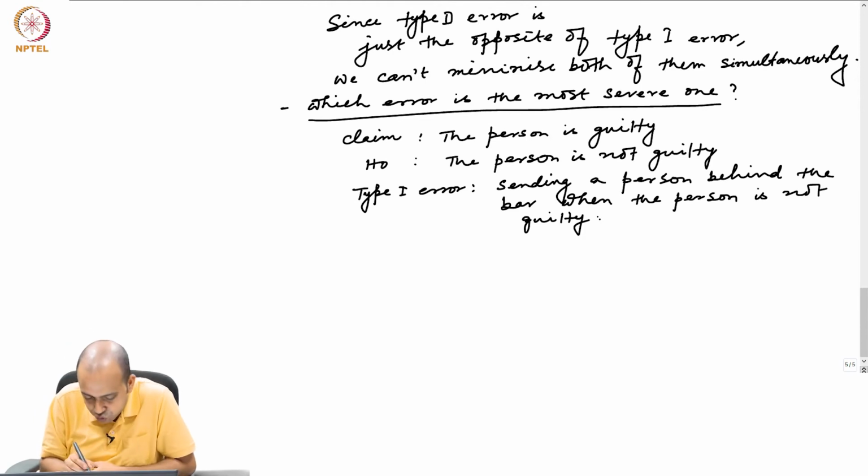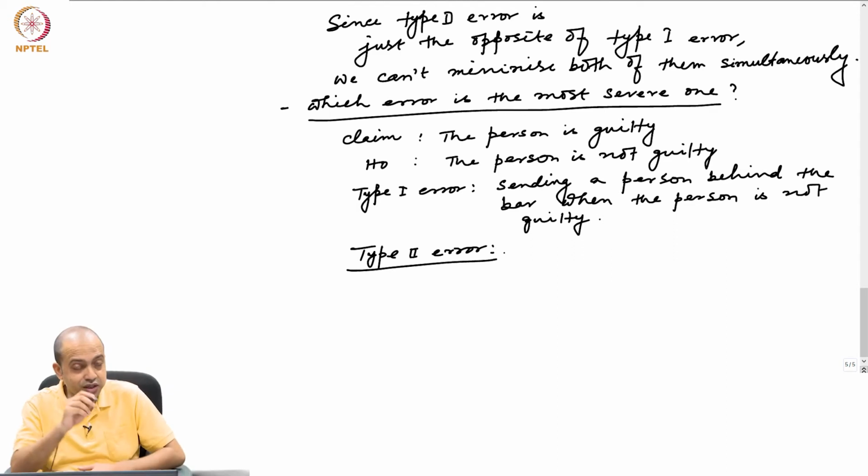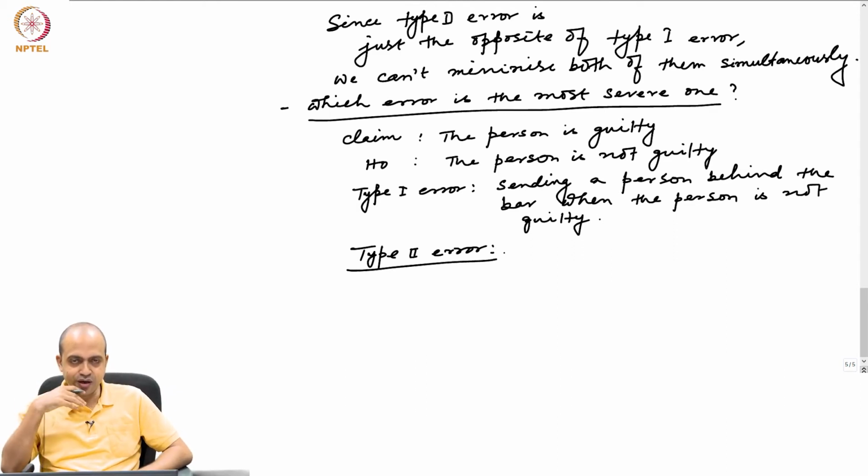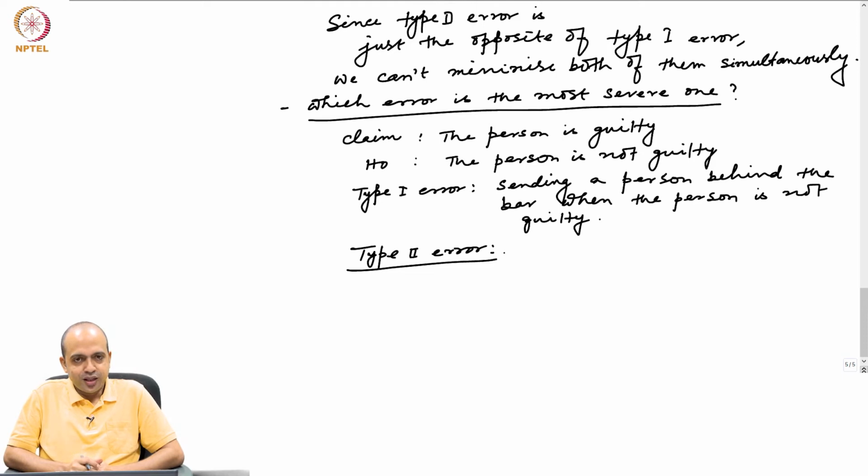Then what is type 2 error? Type 2 error says not rejecting the null when it is not true. So, that means the person is not guilty, that is not true.